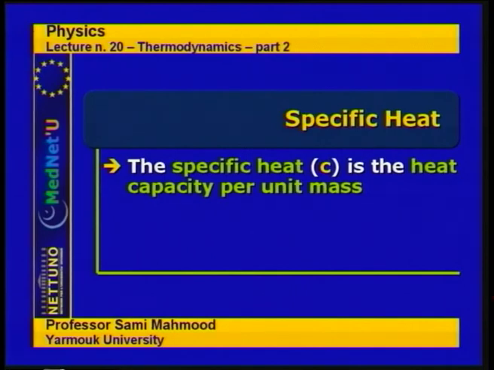Because, for example, a body of iron will have a given heat capacity. That means it requires a quantity of heat Q to raise the temperature of that body of iron 1 degree, for example.